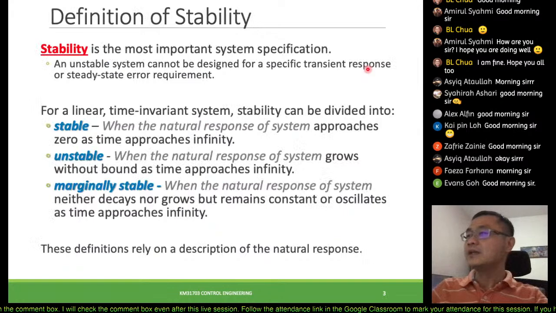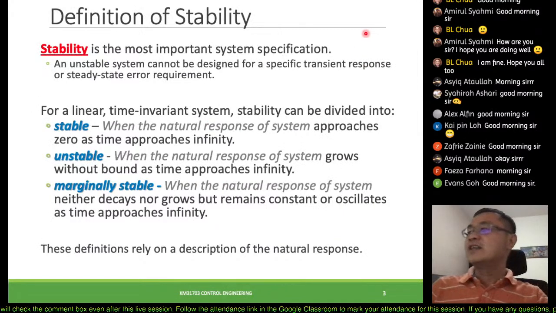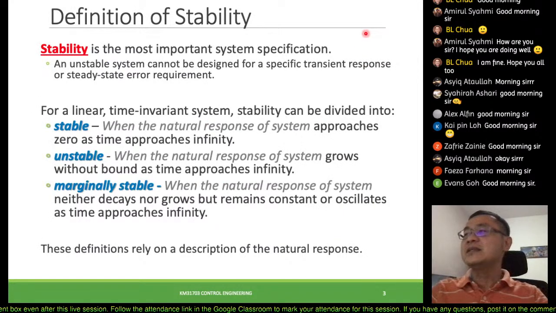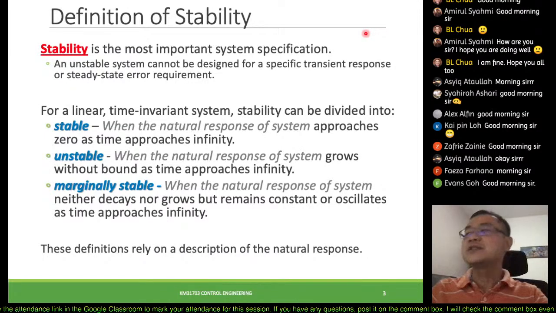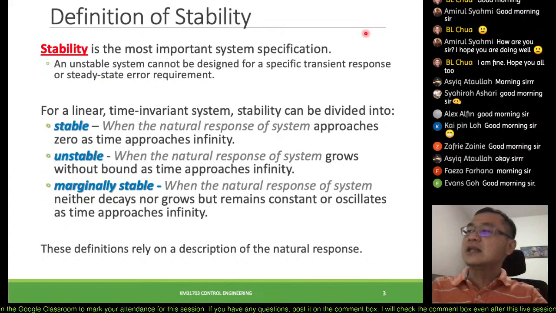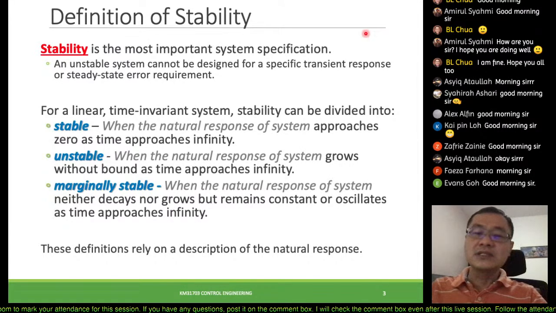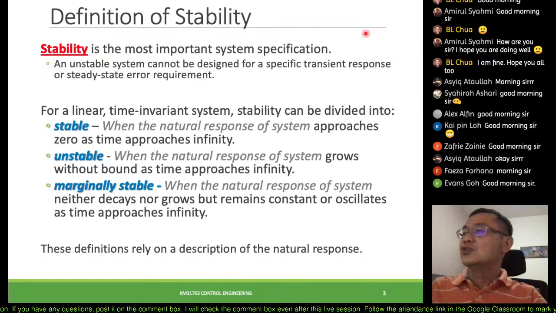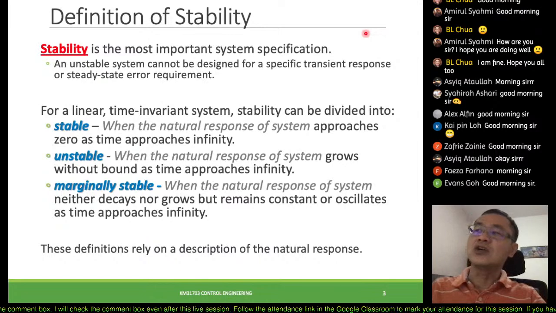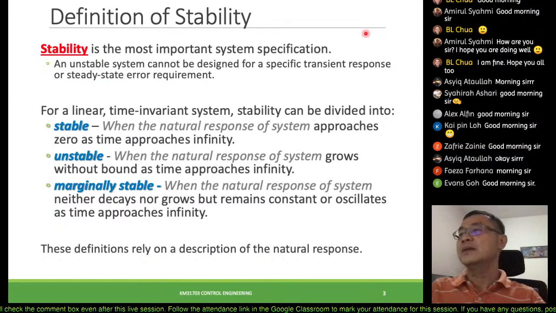So, the definition of stability. Stability is again the most important system specification, such that if we have an unstable system, we cannot control or design it to obtain the desired specifications or steady state error requirement.